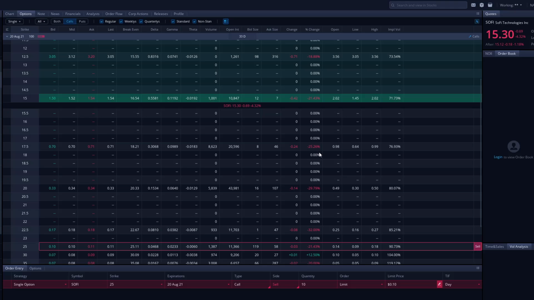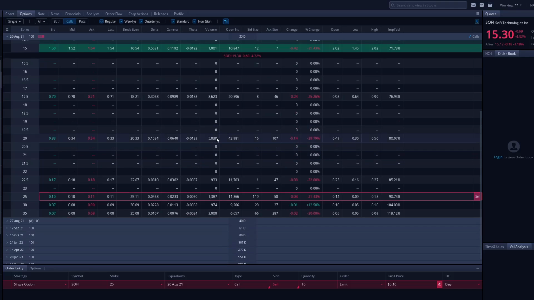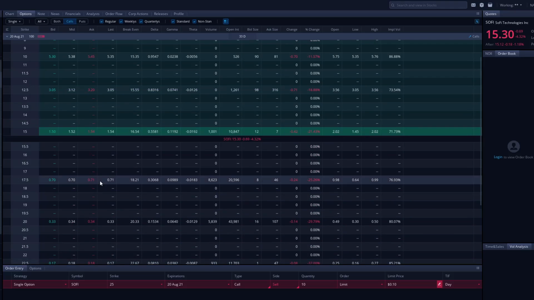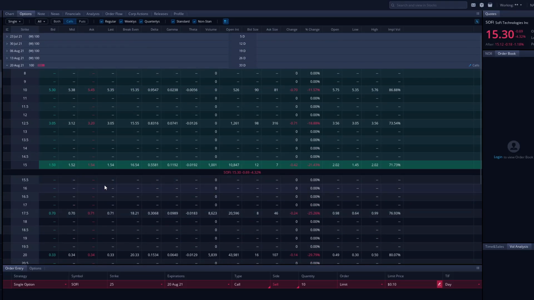And if SoFi is still not doing any movement, this is something that you can rinse and repeat every month until you have a cost average that you are comfortable with. Or if you do need to end up covering that call, then you'll just be losing out on your shares. But you'll be losing out on those shares at a profit. So this is a very safe way to kind of play this.